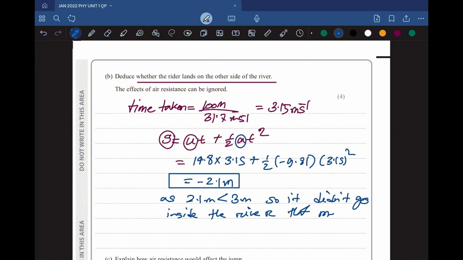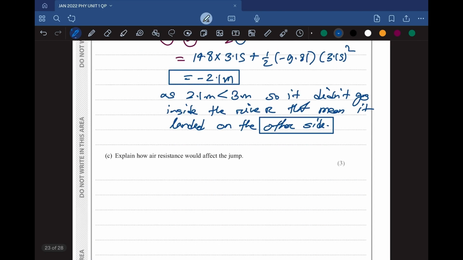That means it landed on the other side, and that other side was within this 3 meter range, not less than that 3 meter range. Hopefully you guys have understood this.